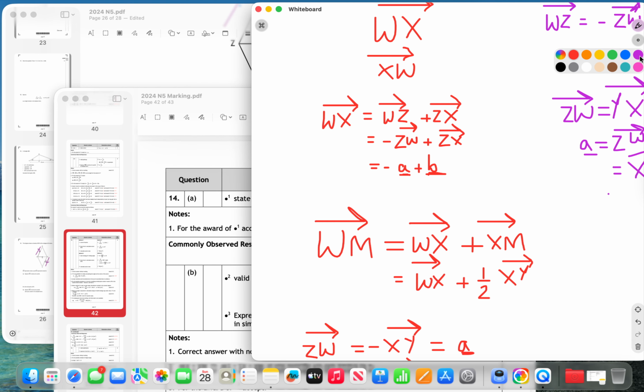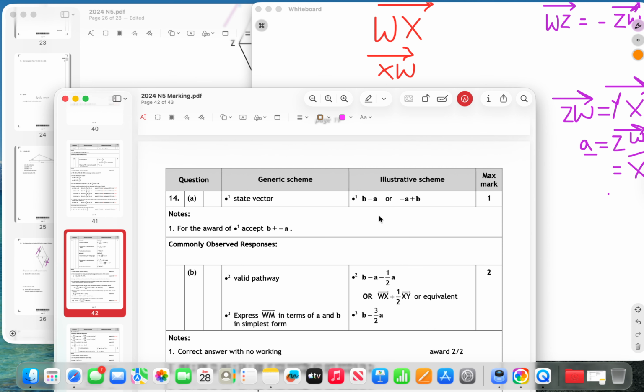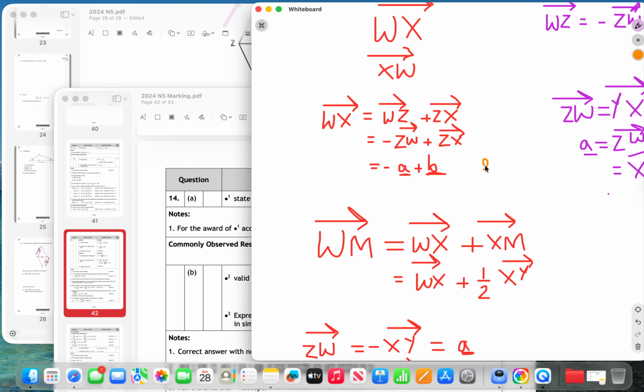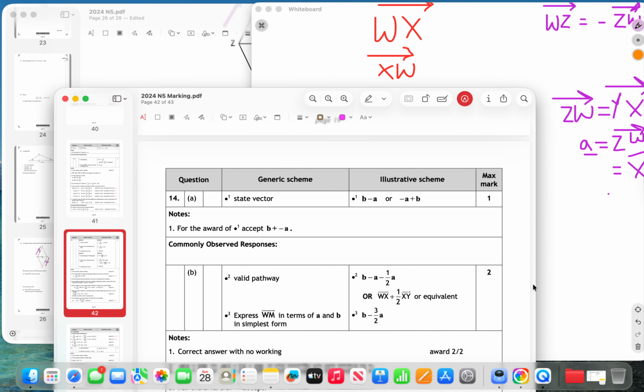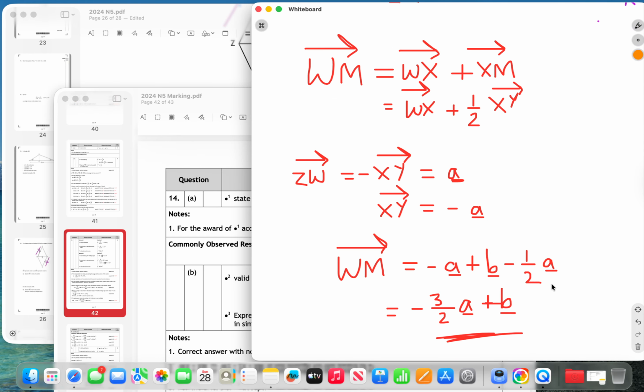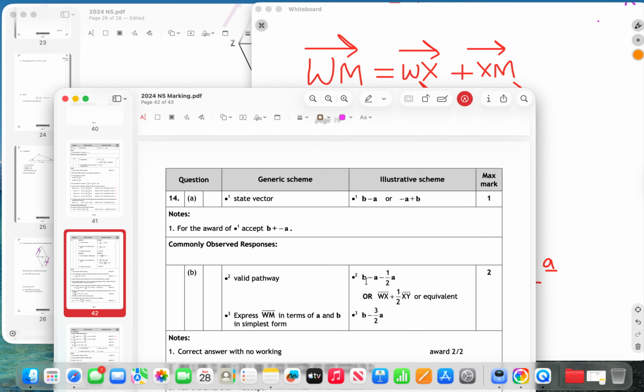Let's have a look at how the SQA gave the marks out in this question. So this one is a pretty open and shut case. It's minus A plus B. You either got it or you didn't.